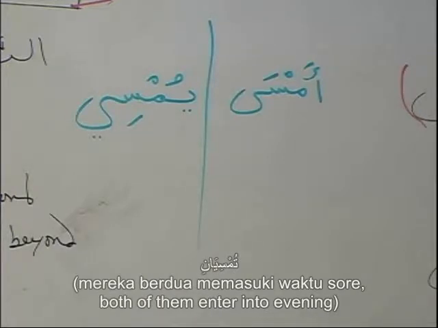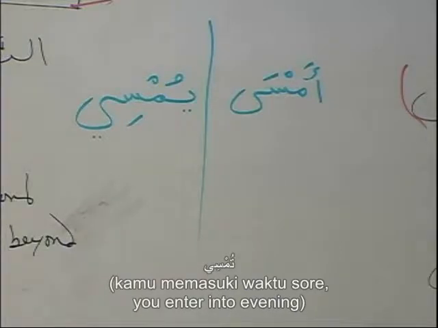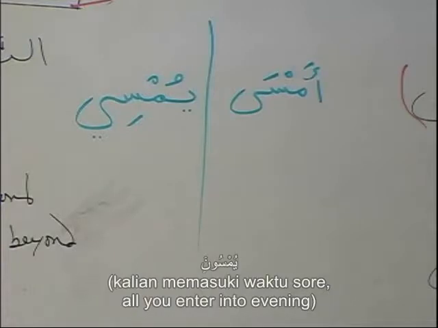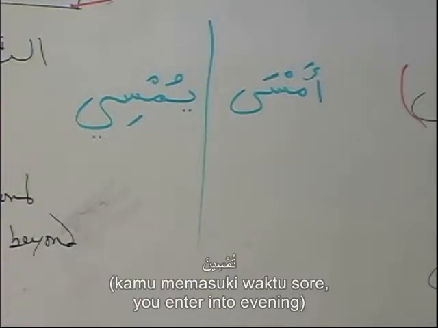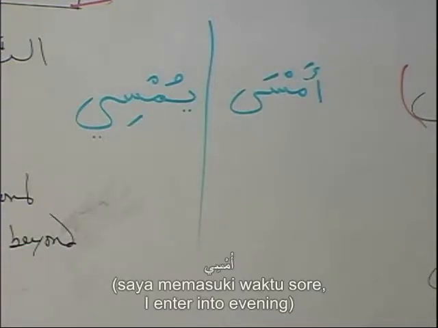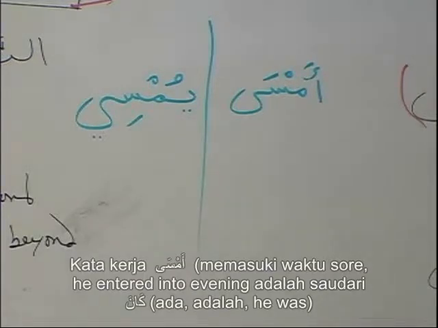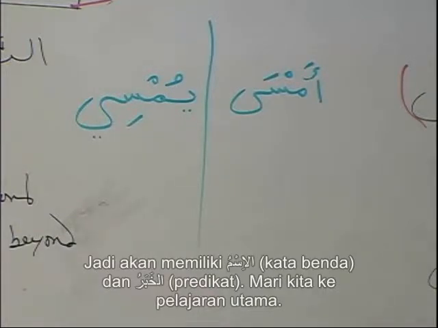Tumsi, tumsiyani, yumsina. Yumsina. Again, anta, tumsi, tumsiyani, tumsuna, tumsina, tumsiyani, tumsina. Again. And then umsi. And then numsi. Alhamdulillah. MashaAllah. So, this is the sister of kana. So it will have ism and khabar, inshallah.